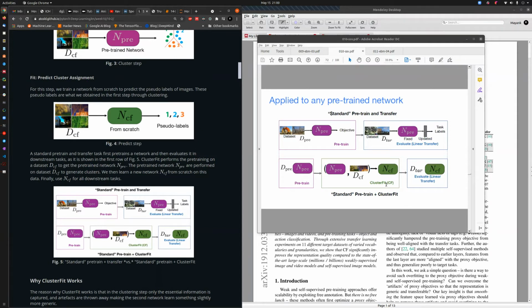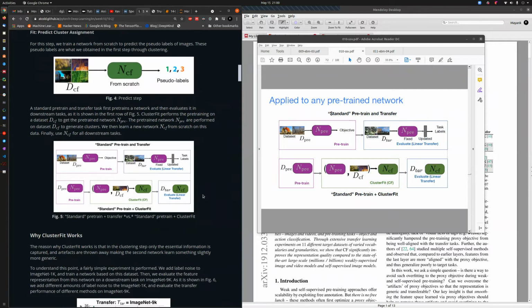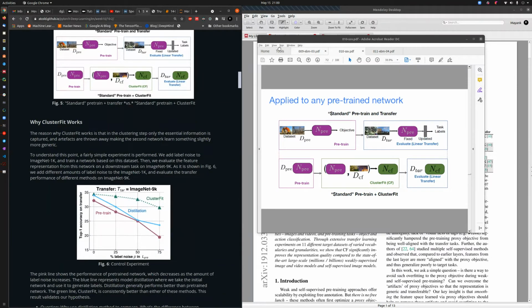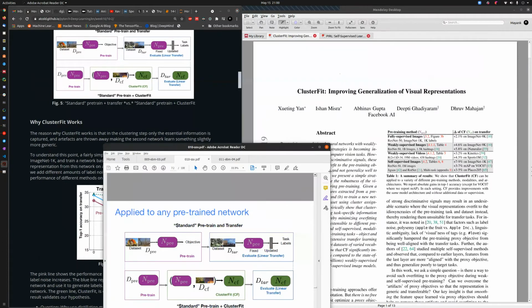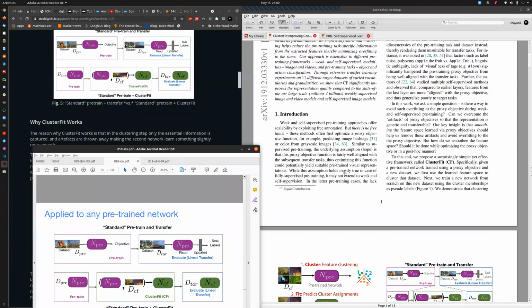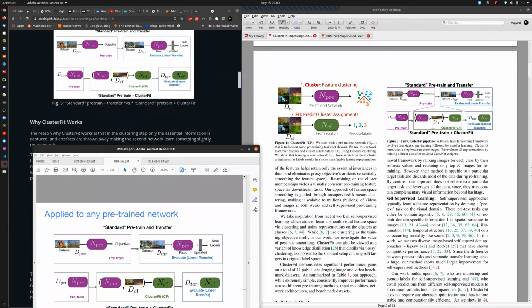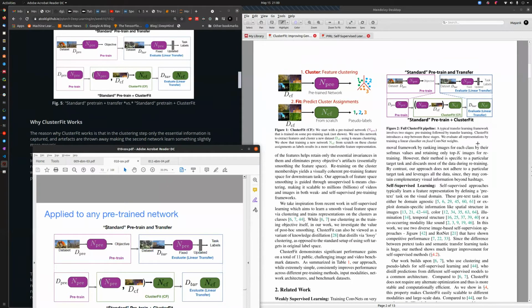So you can also think of this as a kind of, how do I say it? So this is the pre-training step and the transfer learning step.